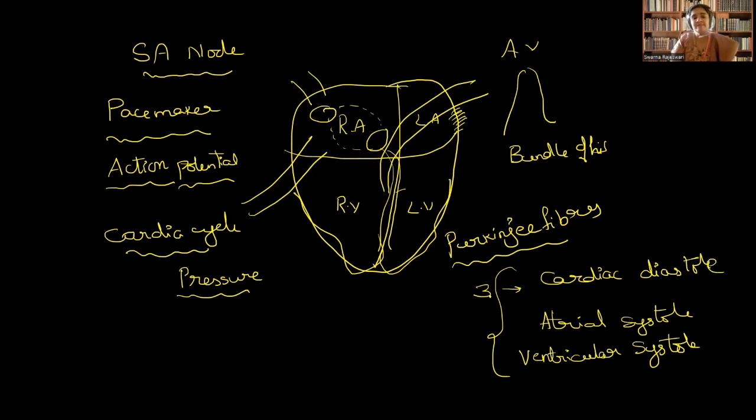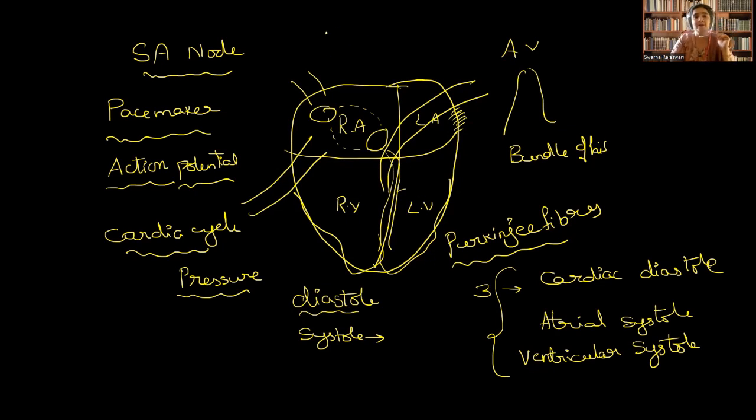Here I am using the words diastole and systole. Diastole means relaxed state, whereas systole means contracted state. Is it clear? So when we see the first stage, cardiac diastole, at first all the chambers of the heart will be in the relaxed state. The pressure in all the chambers is very low.